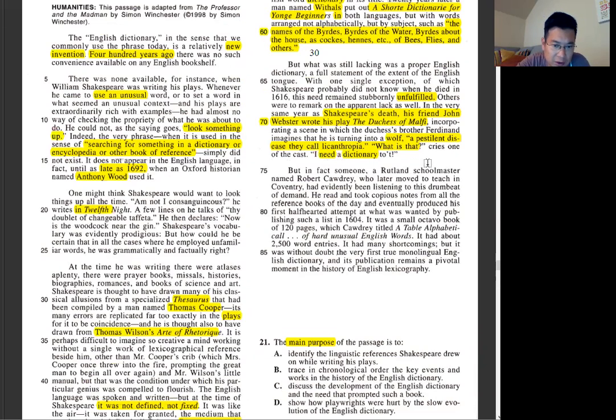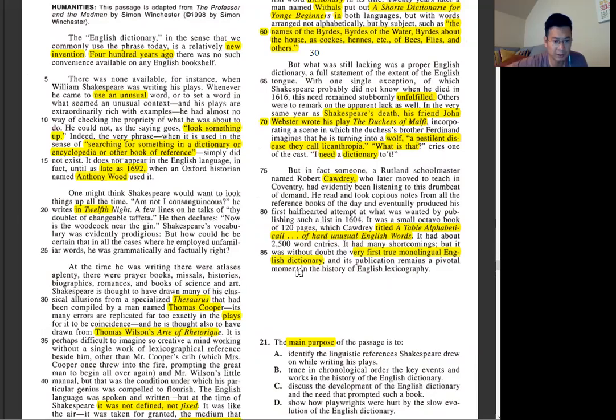But in fact, the schoolmaster named Robert Cawdrey, who moved to teach in Coventry, had evidently been listening to the drumbeat of demand and copious notes for a reference book, and eventually produced the first half-hearted attempt, wanting to publish such a list in 1604, a small octavo entitled Table Alphabeticall of Unusual Dictionary Words, about 2,500 word entries with shortcomings, but without doubt the very first true monolingual English dictionary.